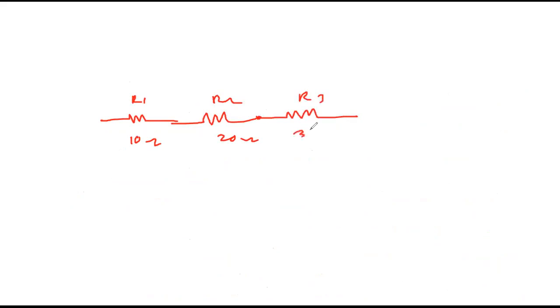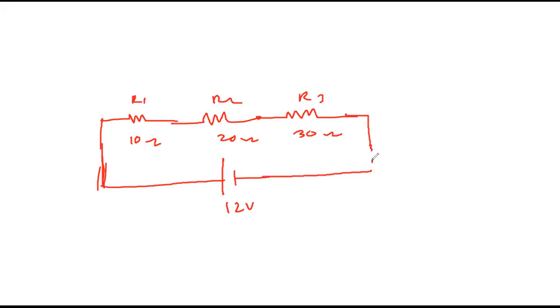10, 20 and 30 are connected in series. R1 suppose 10 ohm, R2 20 ohm. Series means one after another. And R3 30 ohms. If this combination is connected to 12 volt supply with no internal resistance, then find potential difference across each.